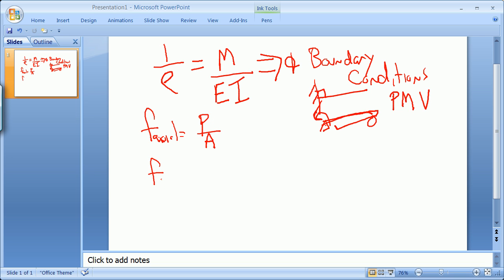We also saw that the bending stress is equal to the internal moment at the section times the half depth of the beam divided by the second moment of the area.